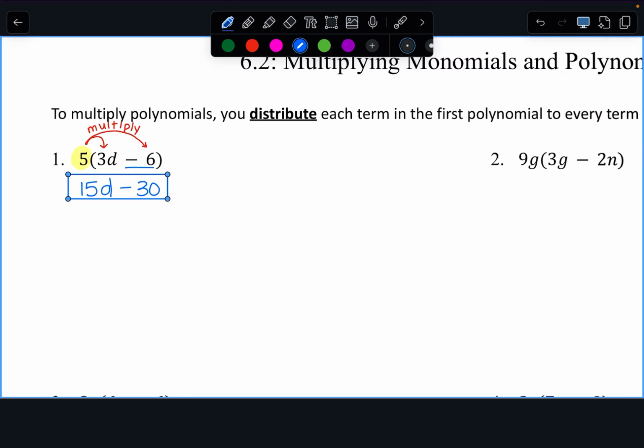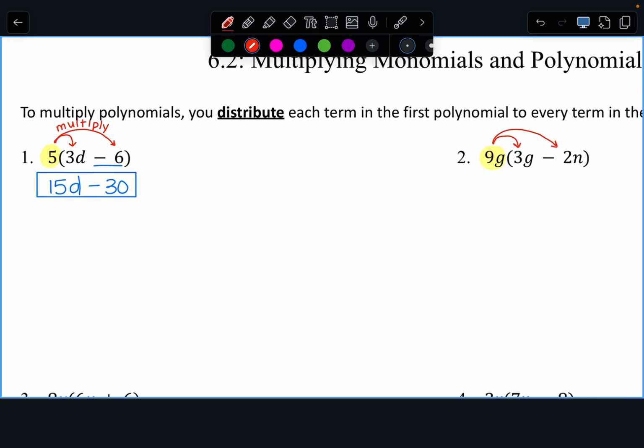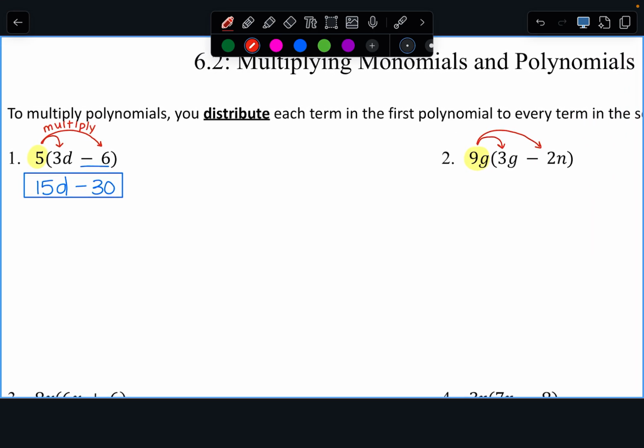For number 2, we're going to do the same thing, but 9G is what is being distributed. So we're going to multiply 9G times each of these two terms. So 9G times 3G. 9 times 3 is 27.